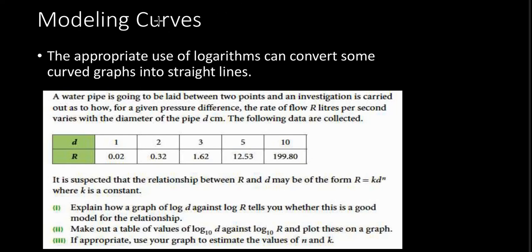Next topic is modeling of curves. As we know, analysis of a straight line is very easy. If the relation is of the type y equal to mx plus c, which is a straight line, there are various advantages. Analysis is easier. Why?